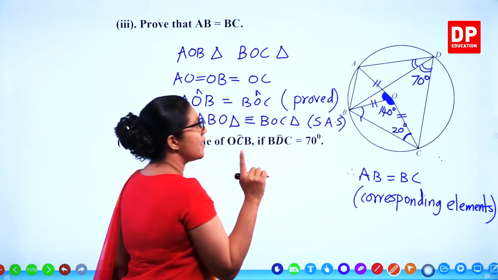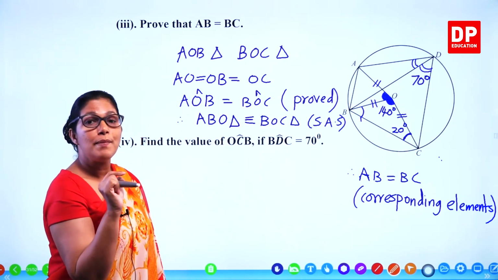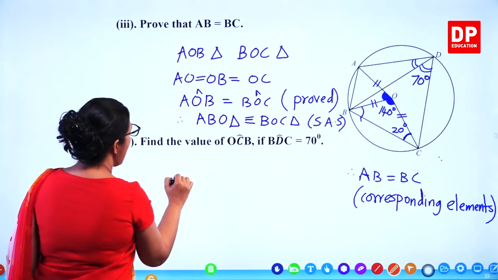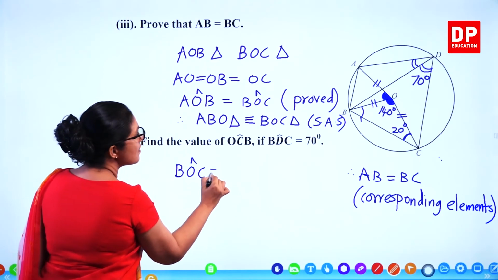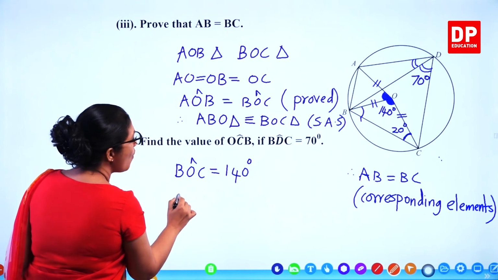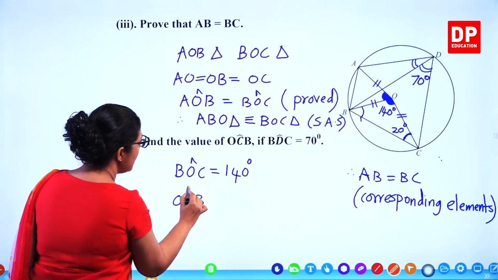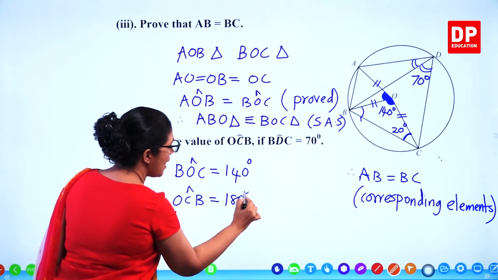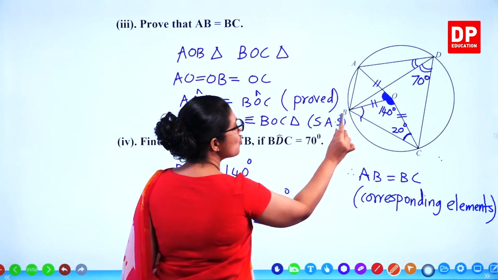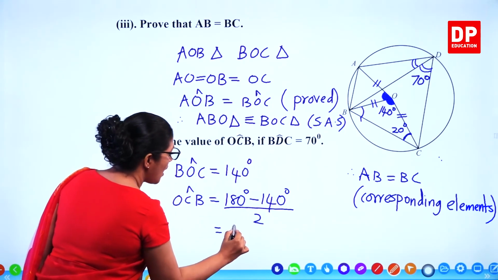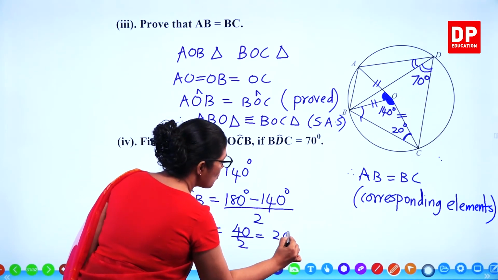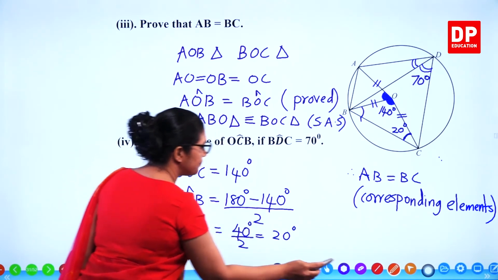So first we'll write BOC angle is 140, and then OCB angle is 180 minus 140 divided by 2, because these two are equal. So 180 minus 140, 40, divided by 2, that's 20 degrees.